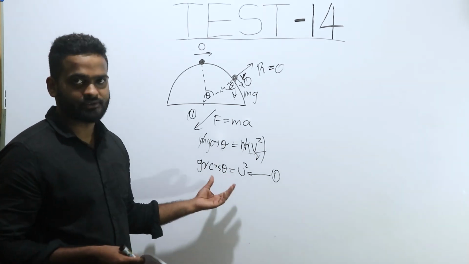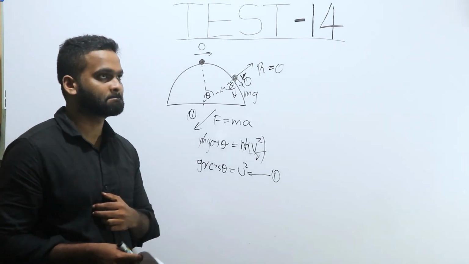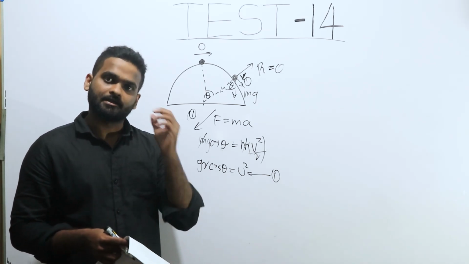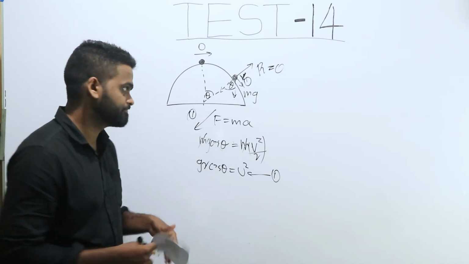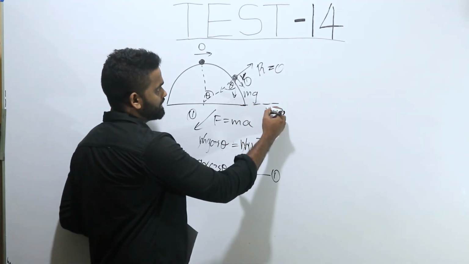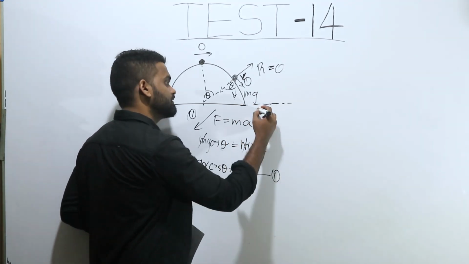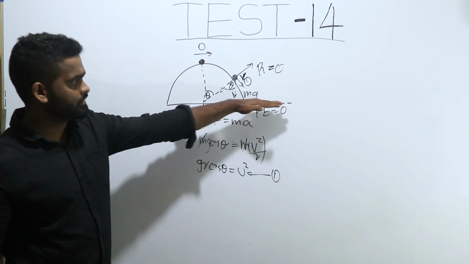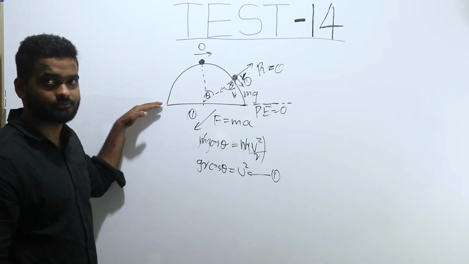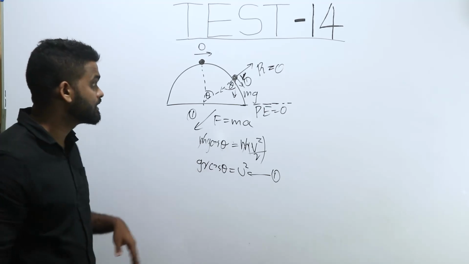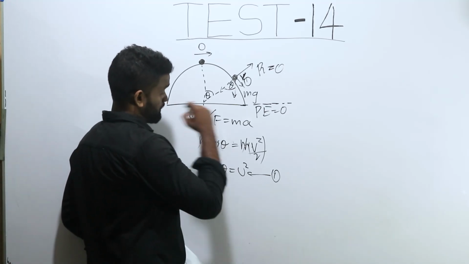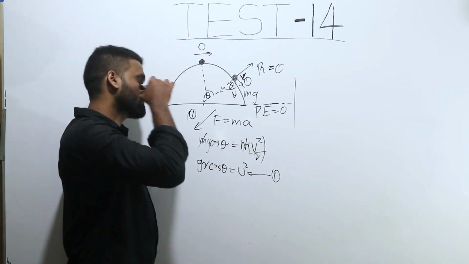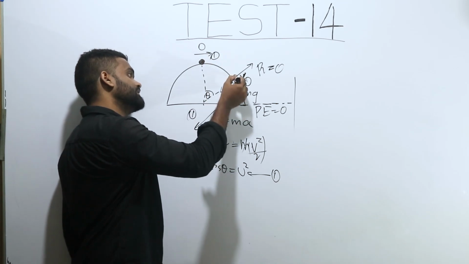So in order to find cos theta, we need another equation. Another equation can be gained by using energy conservation. So for energy conservation, I'll say that this level has potential energy equals 0. You can take any level, I'll just take this level. So since this is a smooth surface, energy here is equal to energy here.